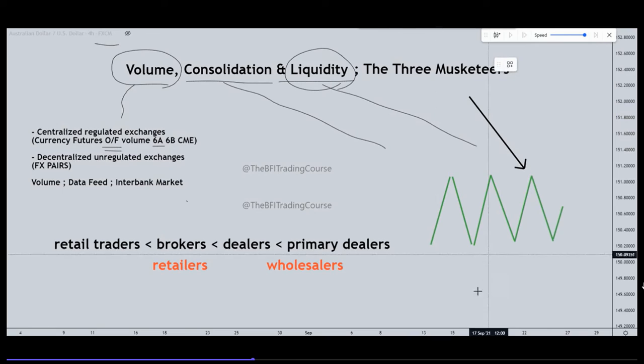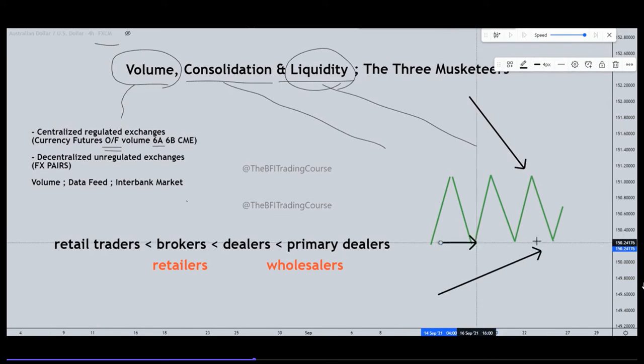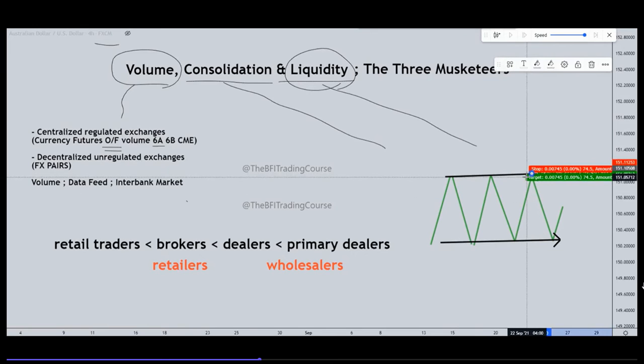And maybe who tends to buy maybe the third tap of support or the third tap of resistance? The typical baby pip strategy with the stop above resistance, okay? And we can show that just with a simple sell here.